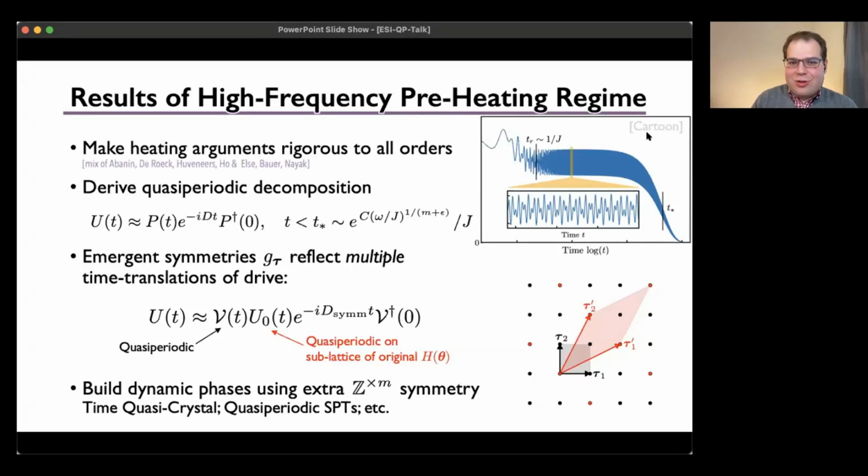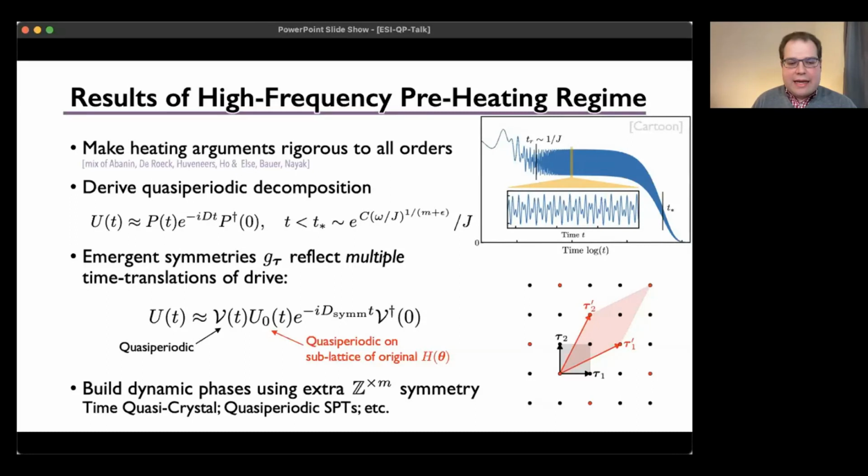The picture is that we have some initial transient time where the system is coherent, and then it enters this preheating regime that may, for example, be a Gibbs state, until we hit this stretched exponential heating time, and the system generically will decay. And during this preheating regime, we have quasi-periodic oscillation in the system.